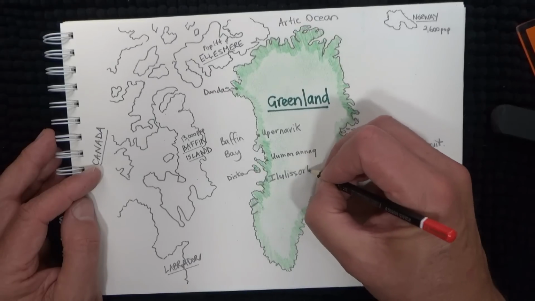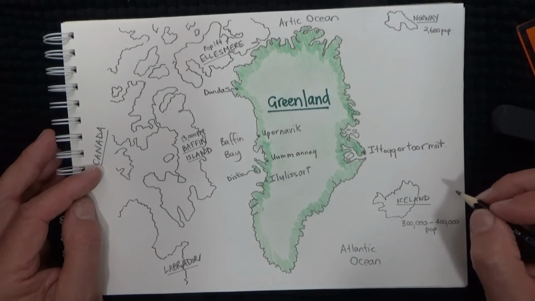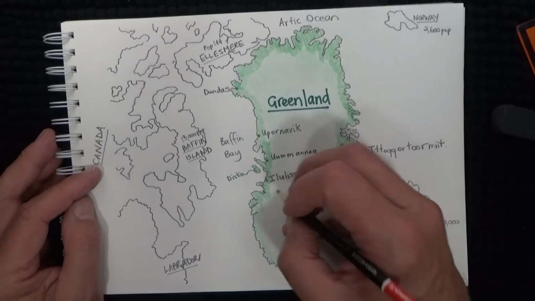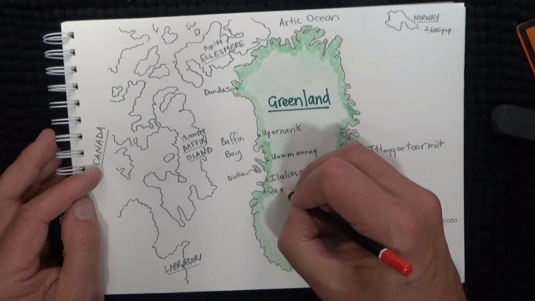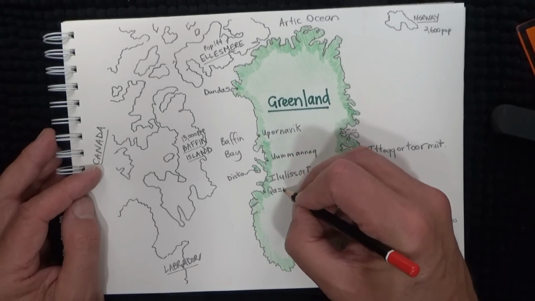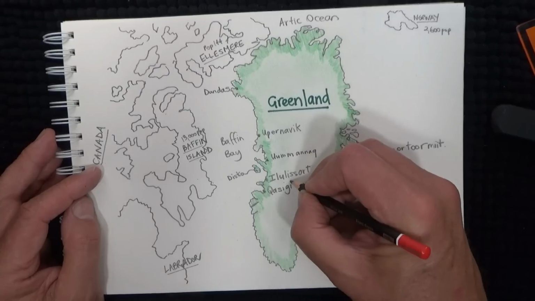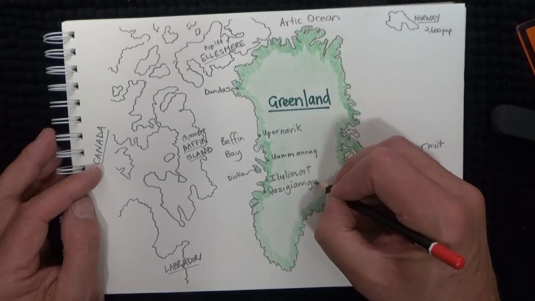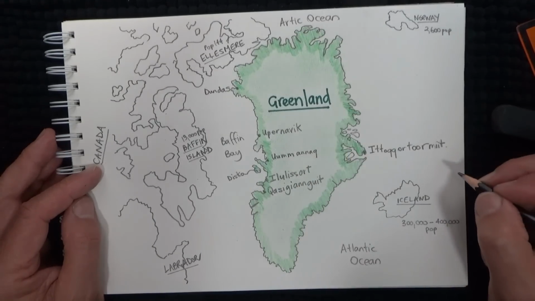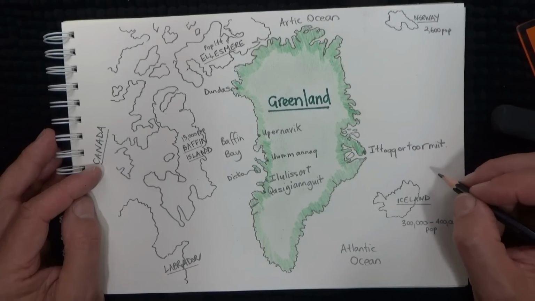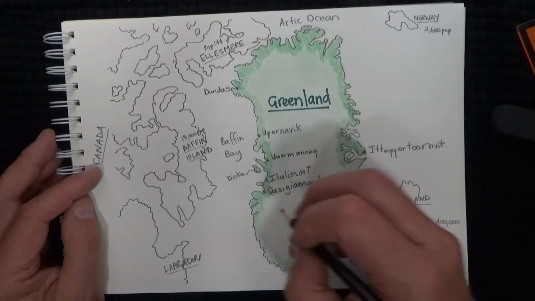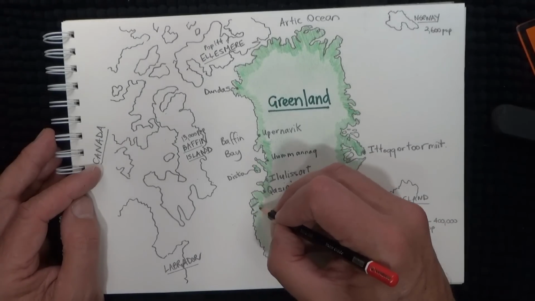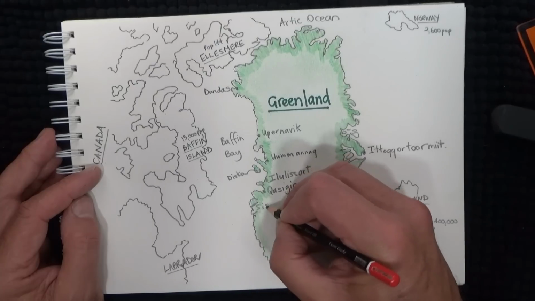I think that's Upernavik. There's another town called Uummannaq. Down here, I think about there, or maybe it's there actually. Sisimiut.